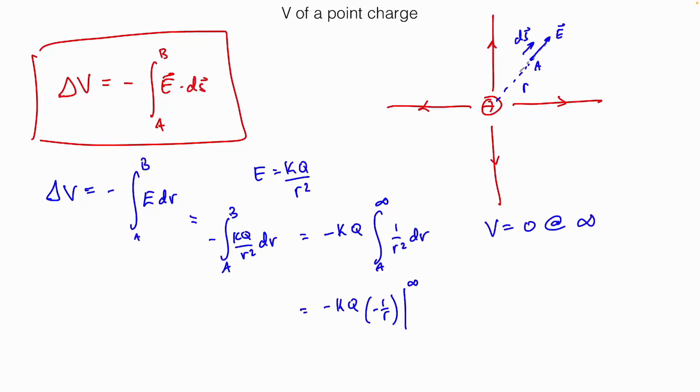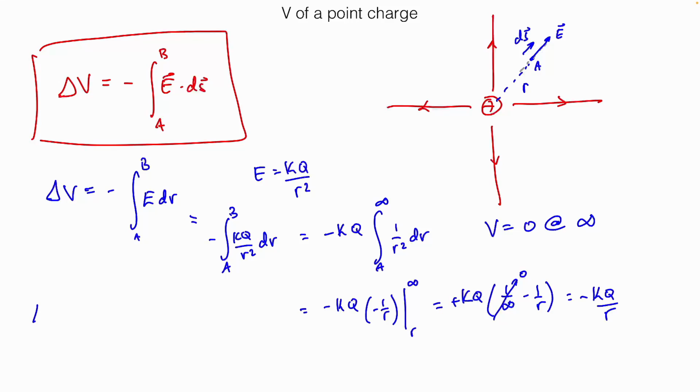So it's going from infinity to point A, I'll just call it r now. And that's equal to positive kQ times 1 over infinity minus 1 over r. What's 1 over infinity? That's 0. And I end up with negative kQ over r.